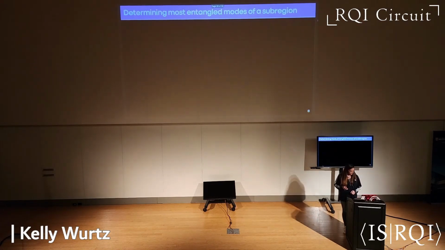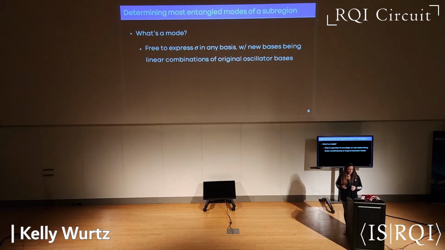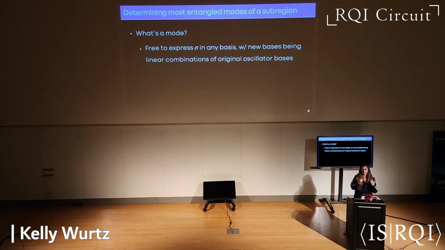So let me be precise about what I mean when I say modes. When we obtain the reduced covariance matrix for subregion A after tracing out subregion B, we're free to express it in any basis that we want. So our modes could simply be the modes of all the local oscillators by themselves. Or we could construct modes that are linear combinations of these degrees of freedom. Or we could find the basis in which the covariance matrix is diagonal, which would be finding the normal modes of the system.